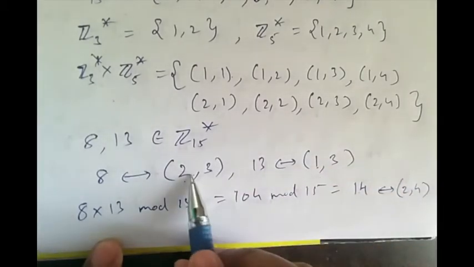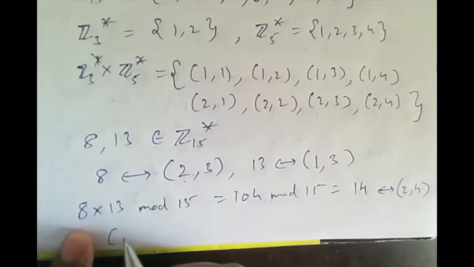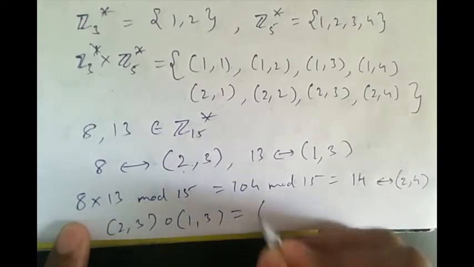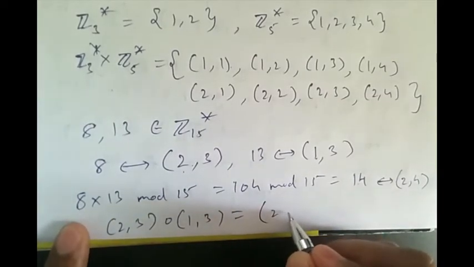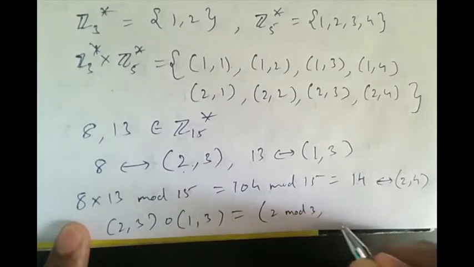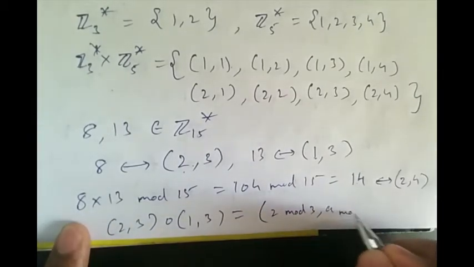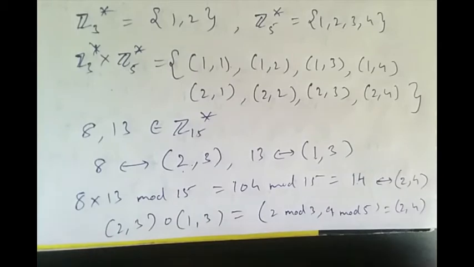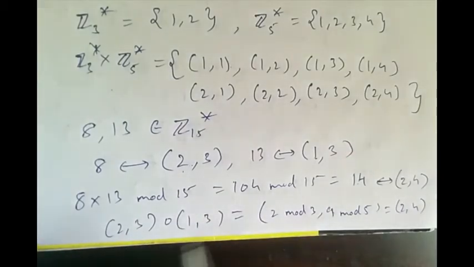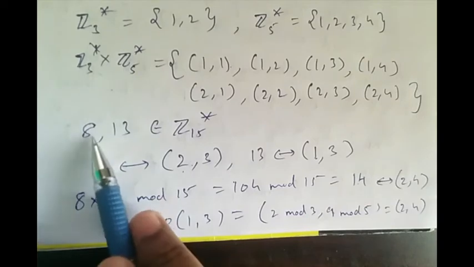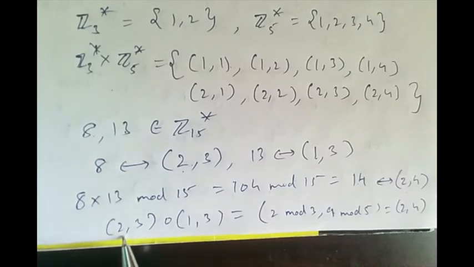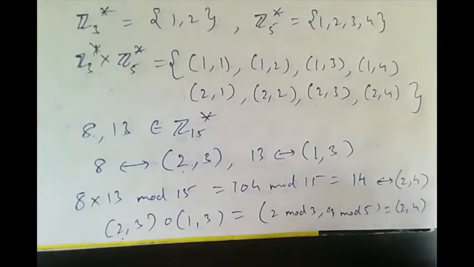If you look at these, now if you multiply them coordinate wise, (2,3) times (1,3) is going to be 2 mod 3 and 9 mod 5, which is (2,4). So f of 8 times 13 is going to be (2,4), and f of 8 is (2,3), f of 13 is (1,3), and you take the product, you get the same (2,4). Okay.